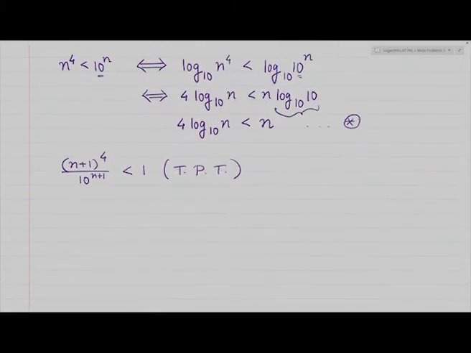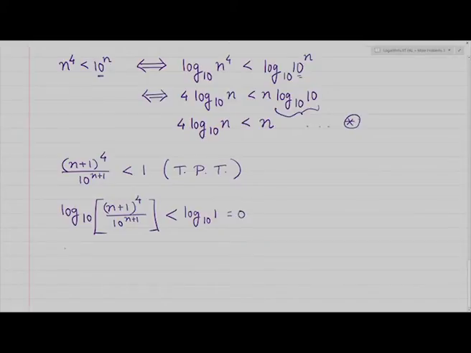So if I want to prove this, then this is again equivalent to proving log to the base 10 of this entire quantity n plus 1 raised to 4 upon 10 raised to n plus 1 is less than log to the base 10 of 1. What is log to the base 10 of 1? It's 0.